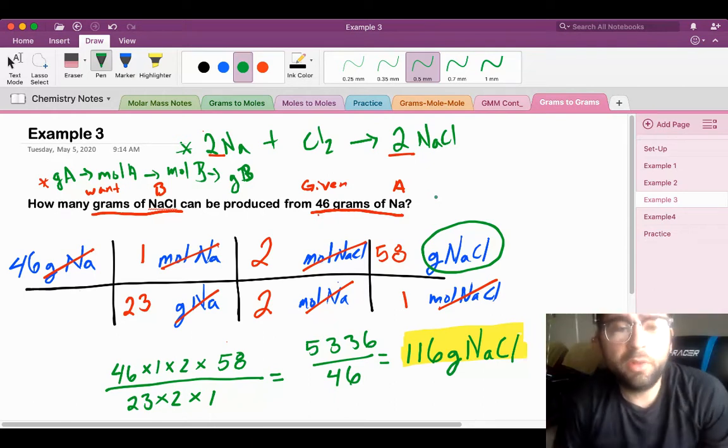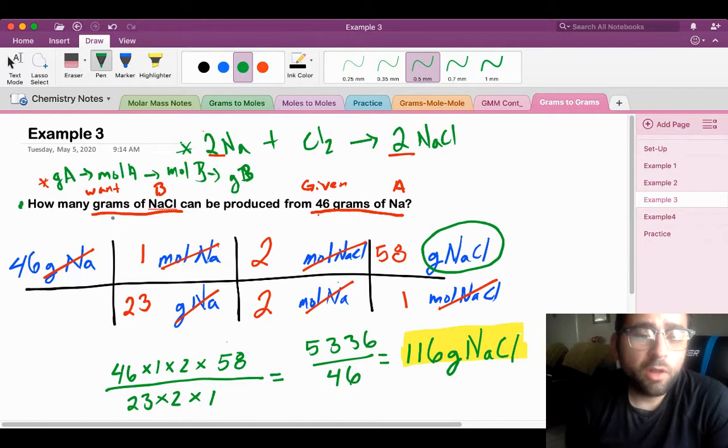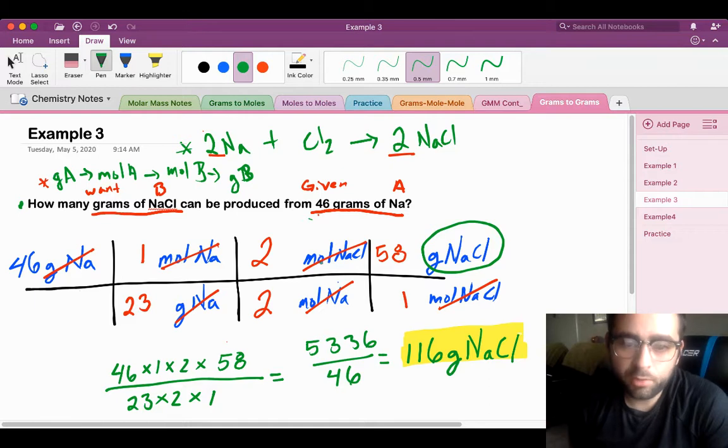And now for the practice problems, there's 2 of them, and it's going to be the same equation for NaCl. The setup for the question itself is like this. All I'm doing is changing your A's and your B's, and then the number. But the setup's going to look like this.